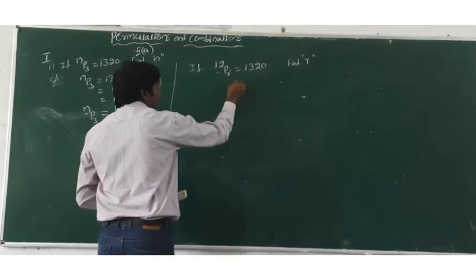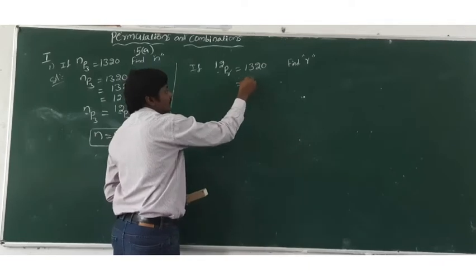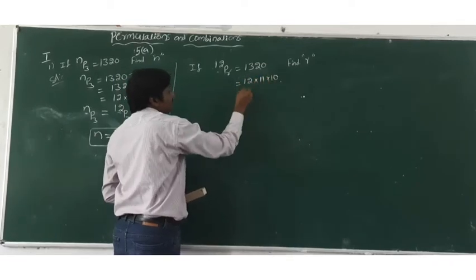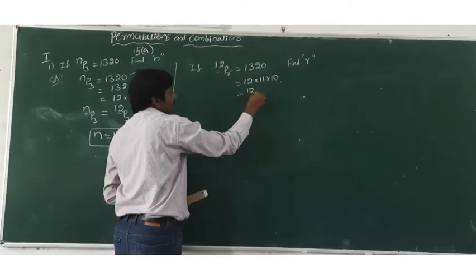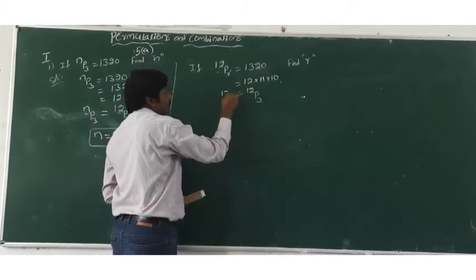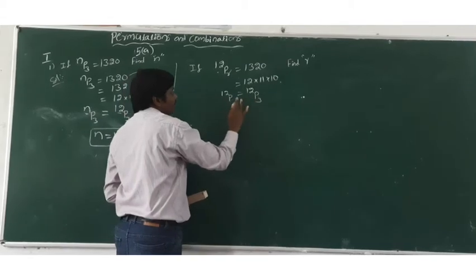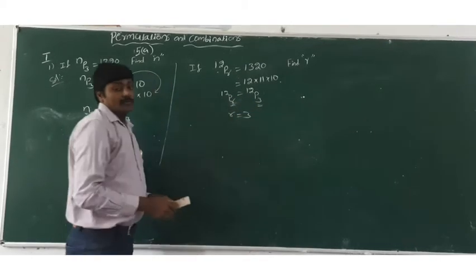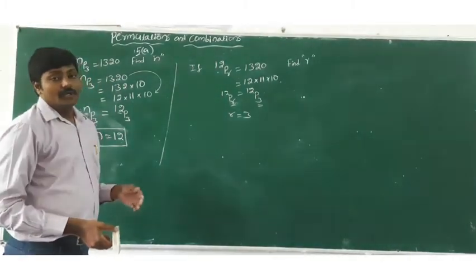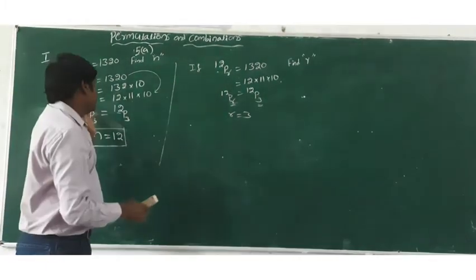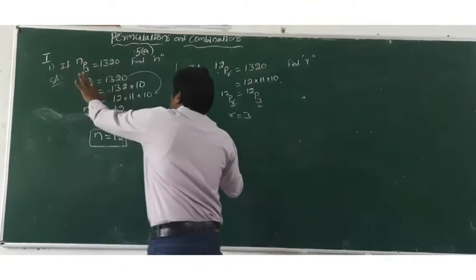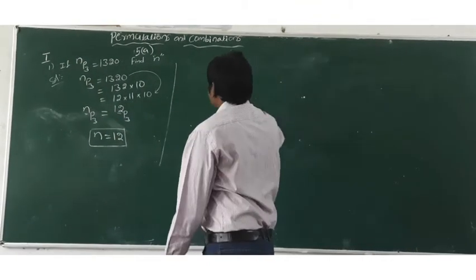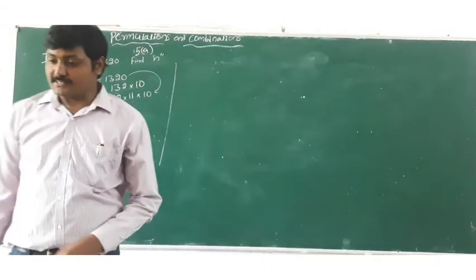Same problem: 1320 is written as 12 into 11 into 10, which is 12P3. On the left side 12Pr. Comparing the r value, in place of r we have 3. So r is equal to 3. In the earlier problem only nP3 equal to 1320 was given, and the value of n is 12. This is the first problem in the first set.